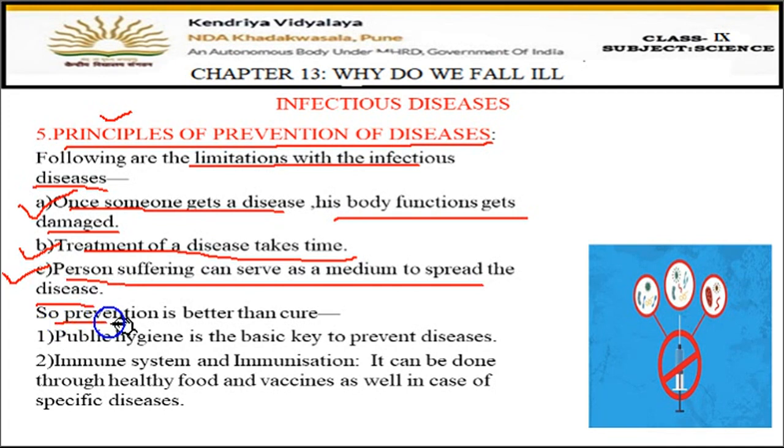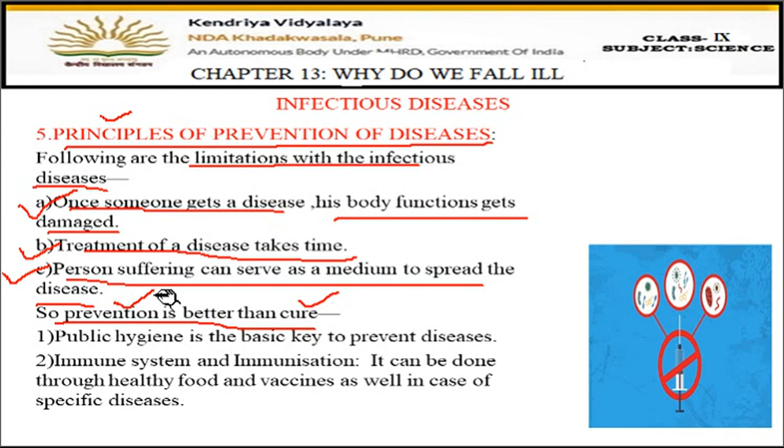We can say that prevention is better than cure. This is a very common line, but it has a deep meaning inside. Curing a disease is very difficult, but preventing a disease is easy.